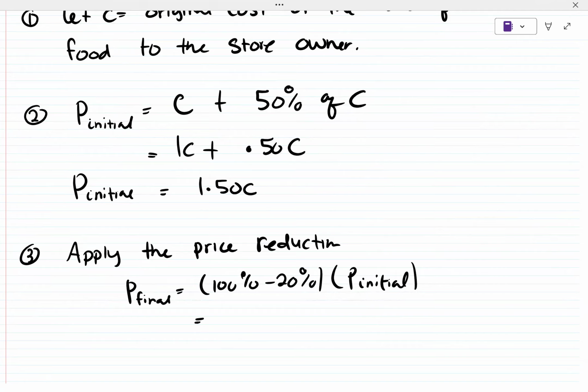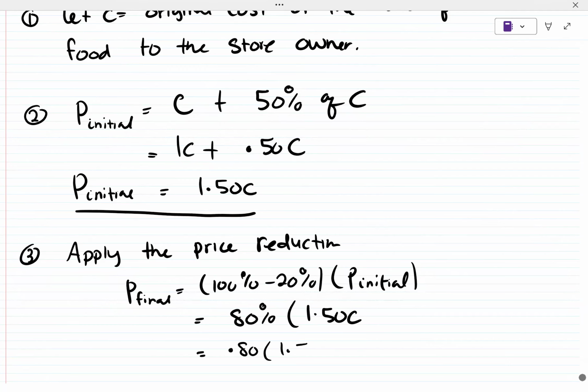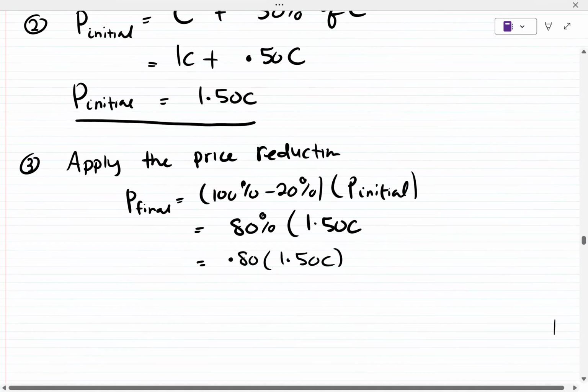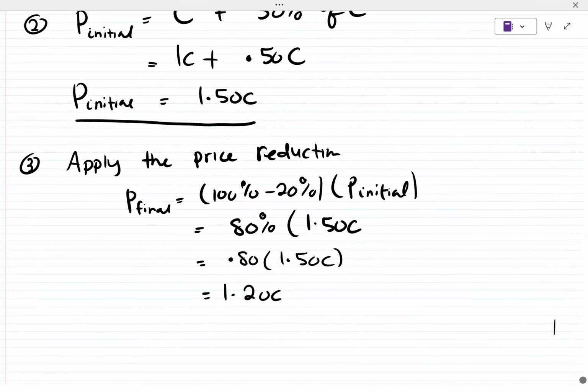And 100% minus 20% is 80%. The price of the initial we said was 1.50 C. And 80% as a decimal is 0.80, times 1.50 C. When you multiply that out, you get 1.20 C. We don't know what C is, but that's one of the choices. So my price for the final is 1.20 C.